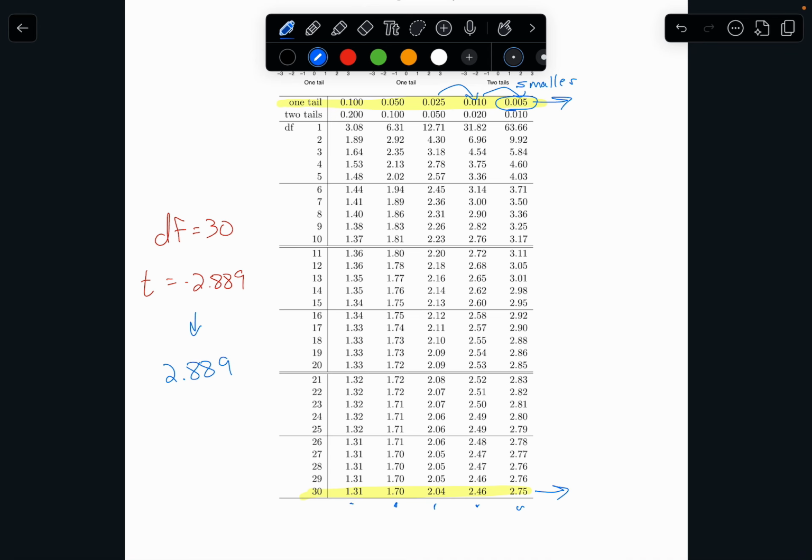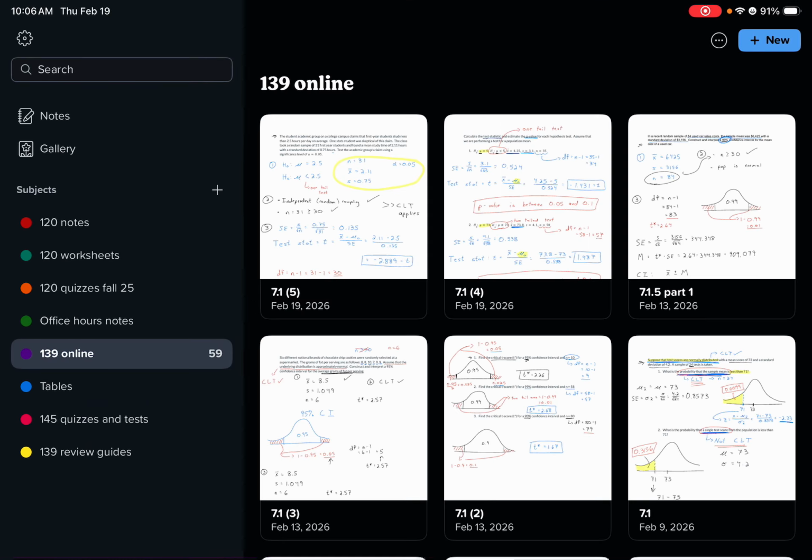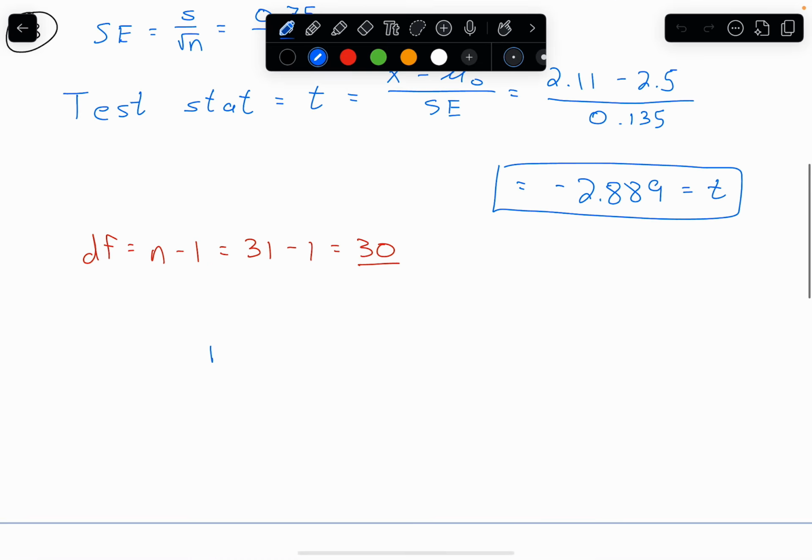So in this case, the p-value is less than 0.005. That's all I can really say about my p-value. I can't calculate an exact value here, but that's enough information for me to make my decision.